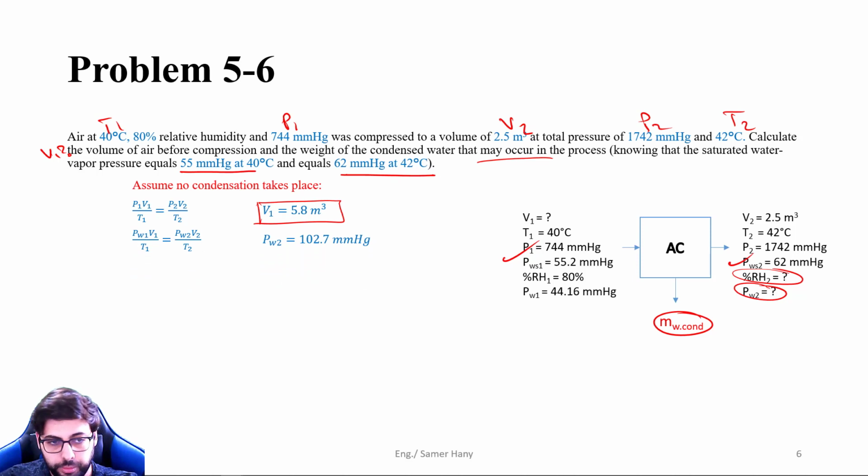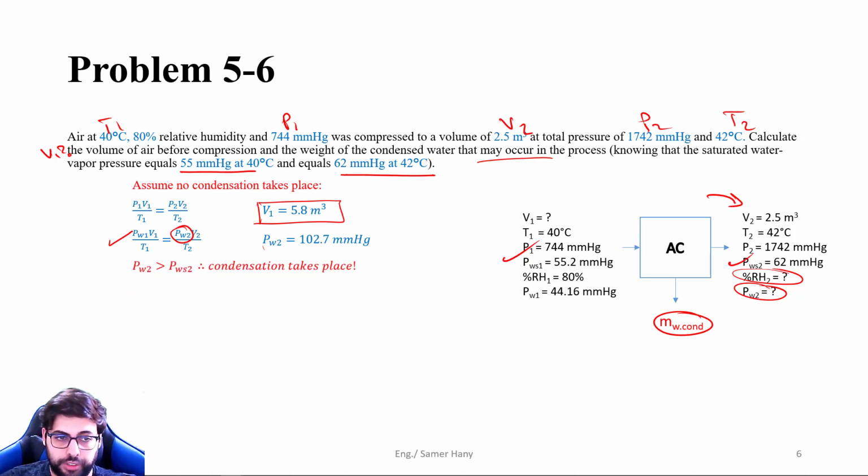Then we use that V1, the volume before compression, to apply the same rule again, but this time only for the water, and we calculate the water pressure in the outlet gas at that volume. So this is the water pressure that would be in the outlet stream if no condensation took place.